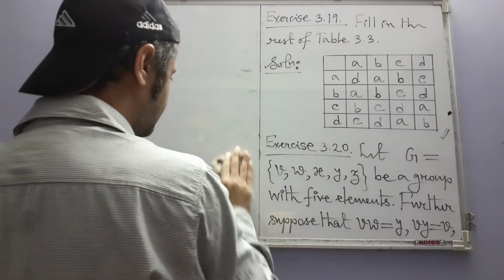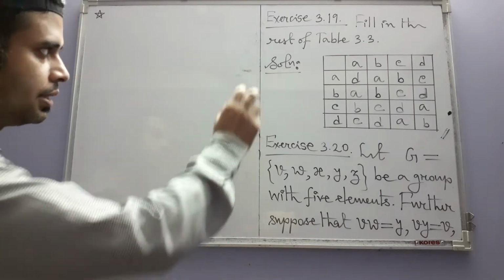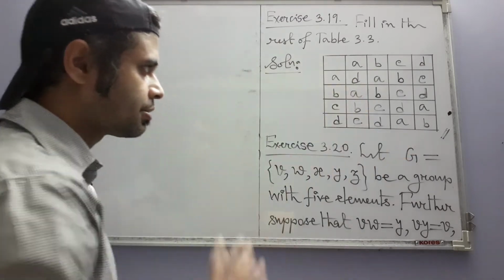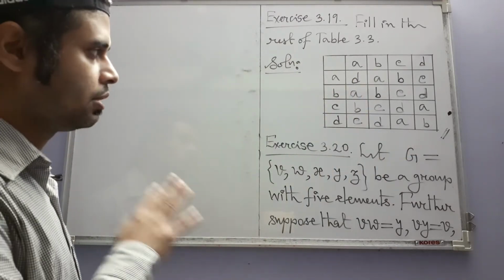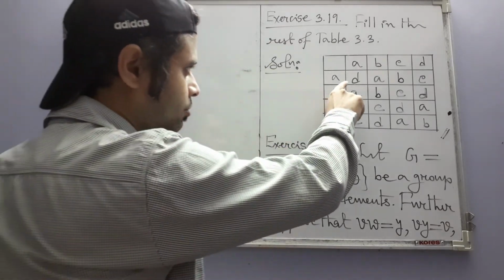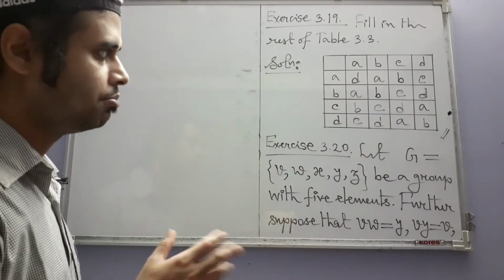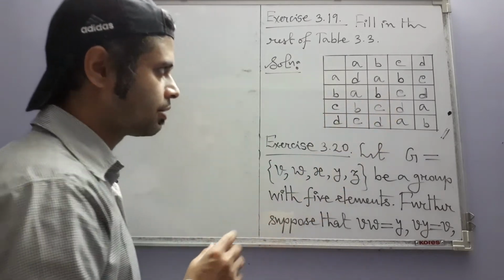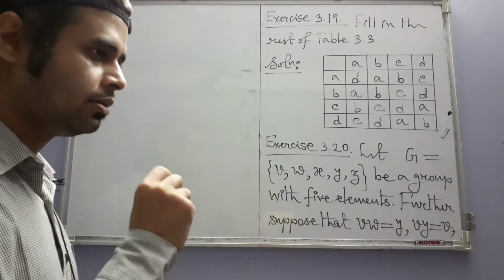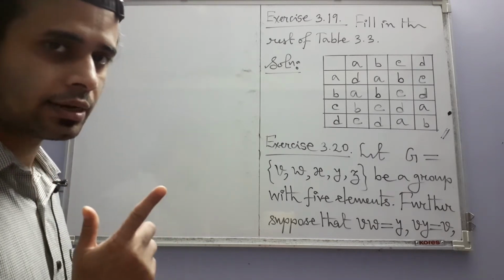Note one thing, that you cannot just simply make this table and keep the solution like this. You need to write all these steps, and if you want to, rewind the video a little and go back to the procedure of exactly how we found these elements. You mentioned that because of the cancellation law, each and every element of the group will appear in each row and each column exactly once.